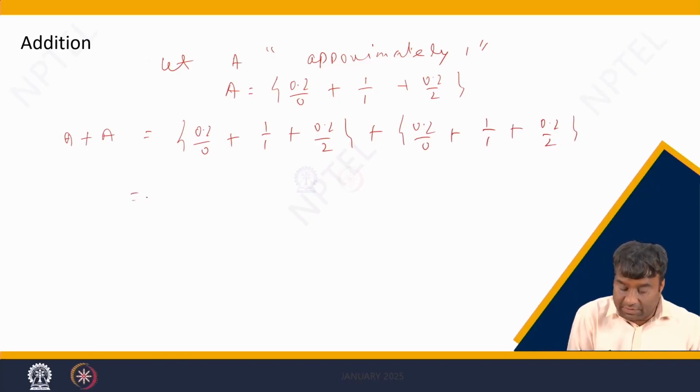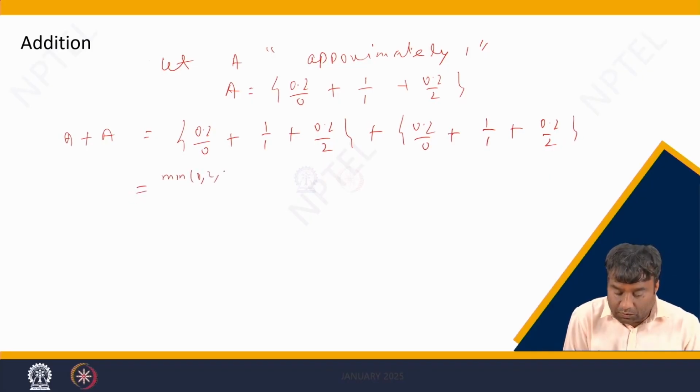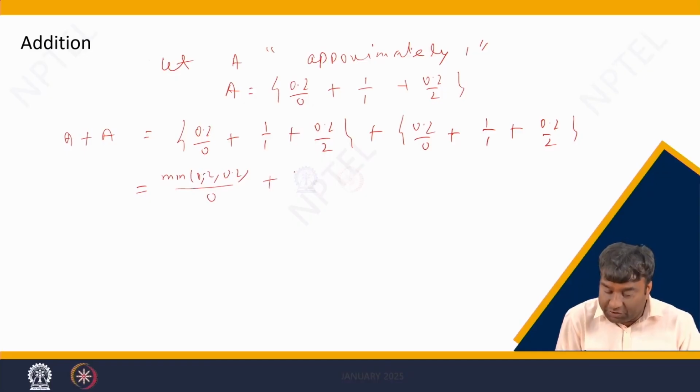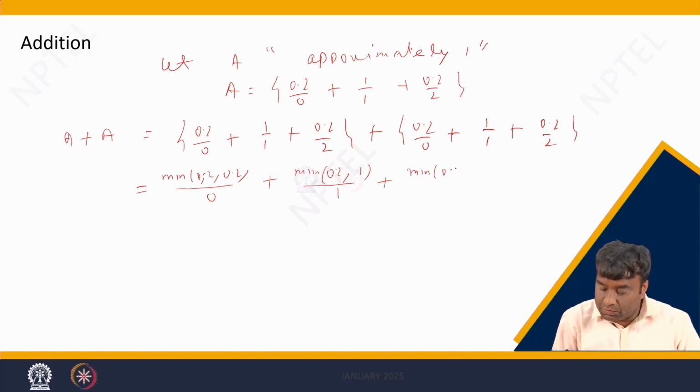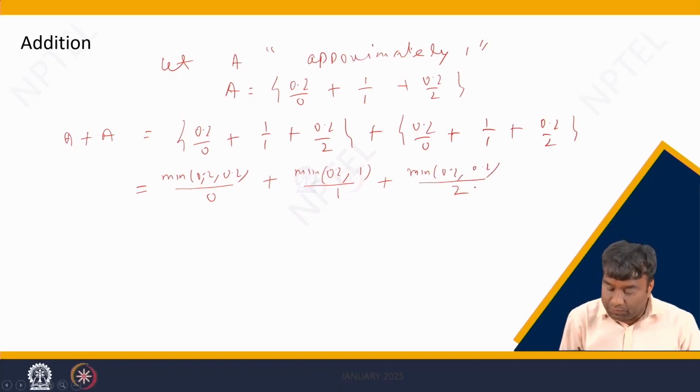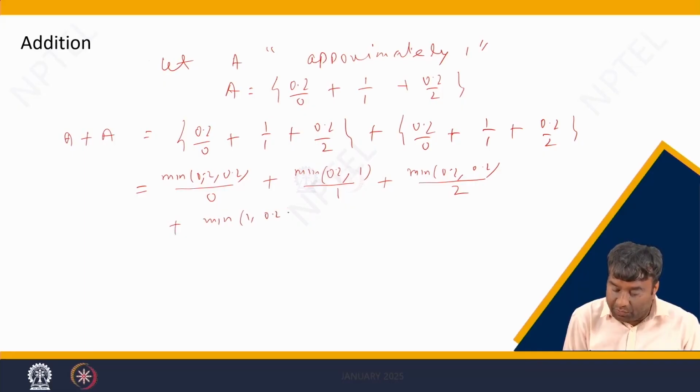Here the minimum of 0.2 and 0.2, and 0 plus 0 is 0. Similarly, minimum of 0.2 and 1, and 0 plus 1 is 1. Minimum of 0.2 and 0.2, and 0 plus 2 is 2. Plus minimum of 1 and 0.2, and 1 plus 0 is 1.